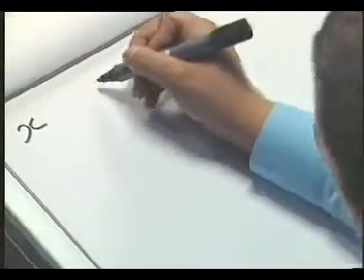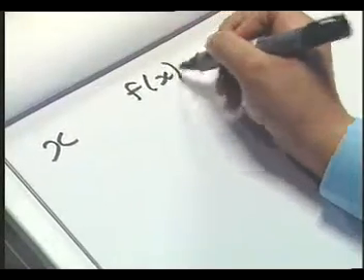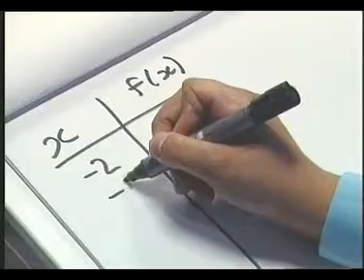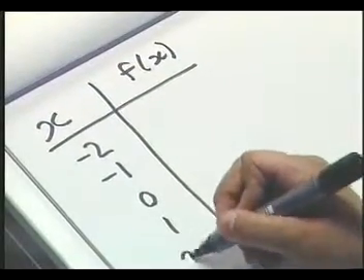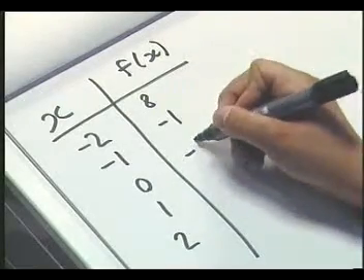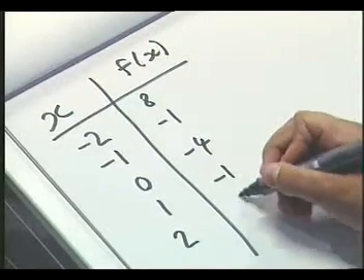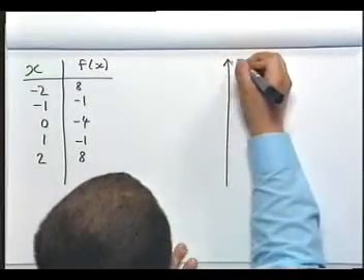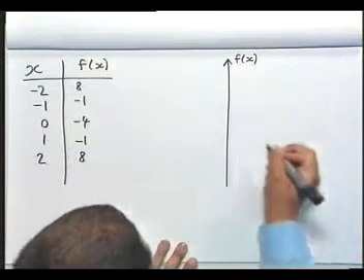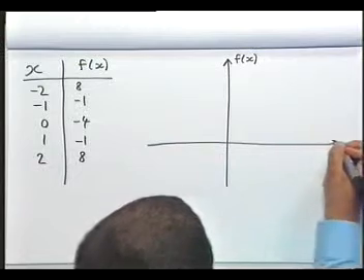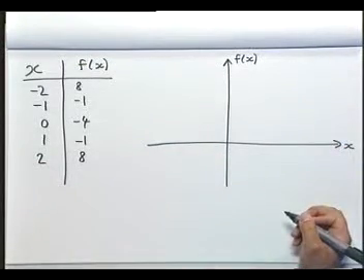So just to copy the table down again, so we've got it handy. We had minus 2, minus 1, 0, 1, and 2. 8, minus 1, minus 4, minus 1, and 8. So we plot our graph of f of x on the vertical axis, which is our outputs, and our arguments on the horizontal axis.